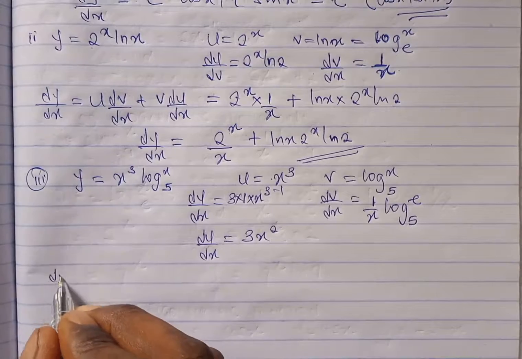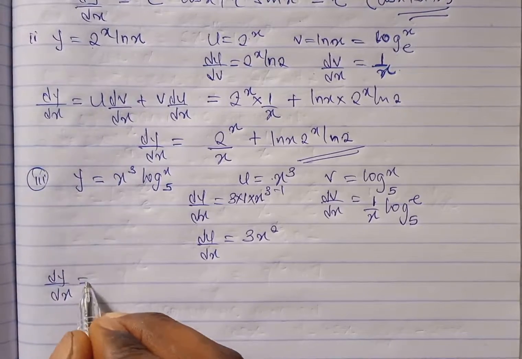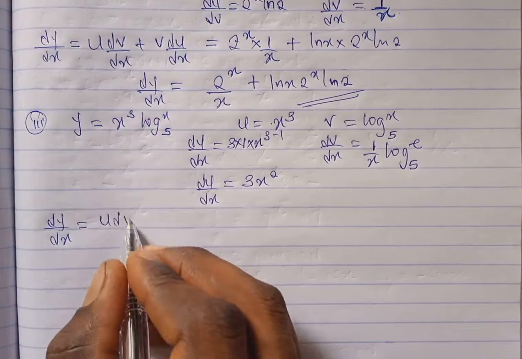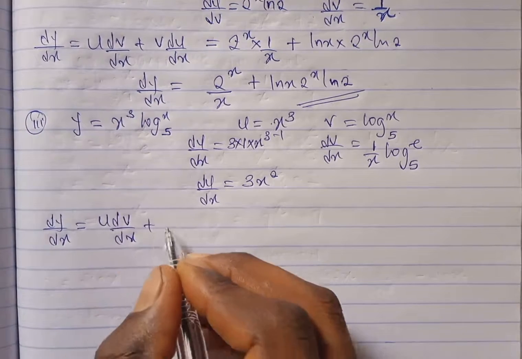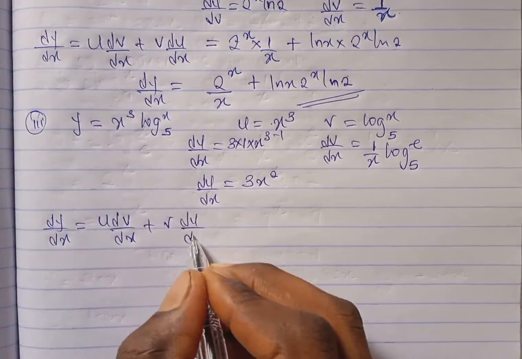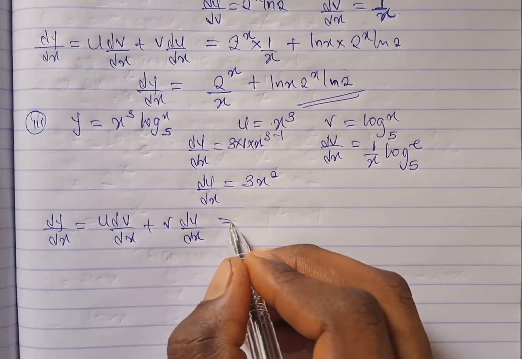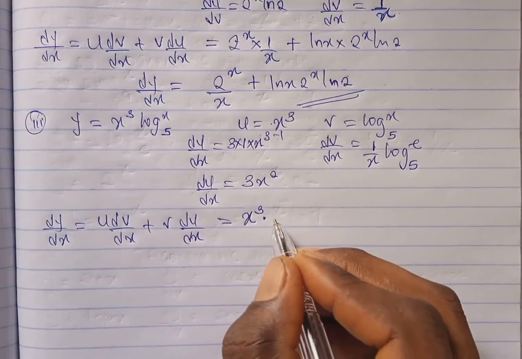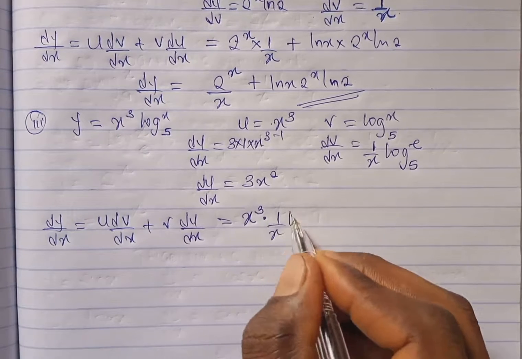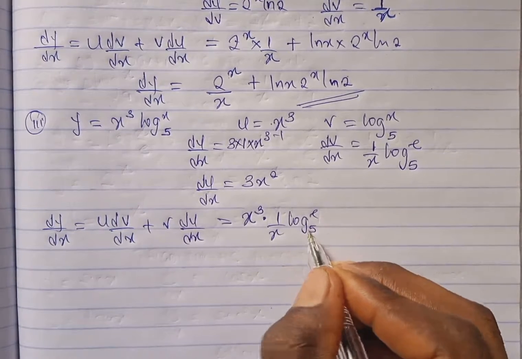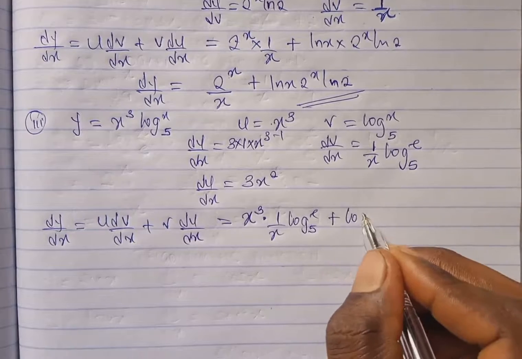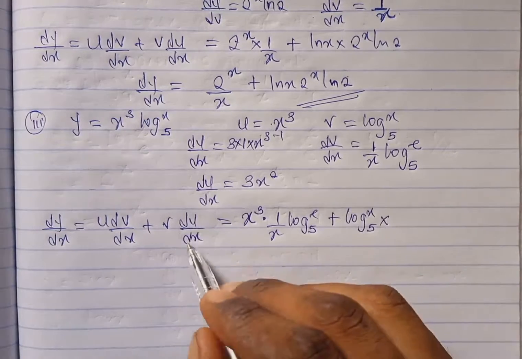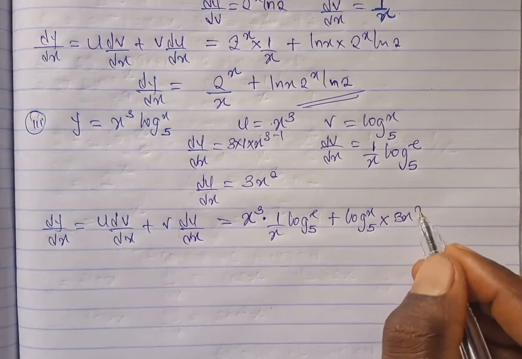Now dy/dx will be equal to u dv/dx plus v du/dx. What is u? U is x cubed, multiplied by dv/dx, which is 1 over x log e base 5. Then what is v? V is log x base 5 multiplied by your du/dx, which is 3x squared.